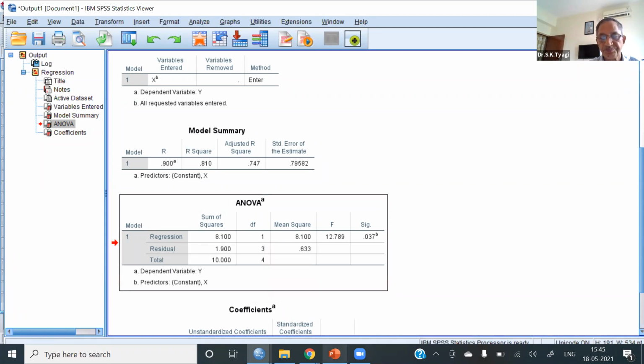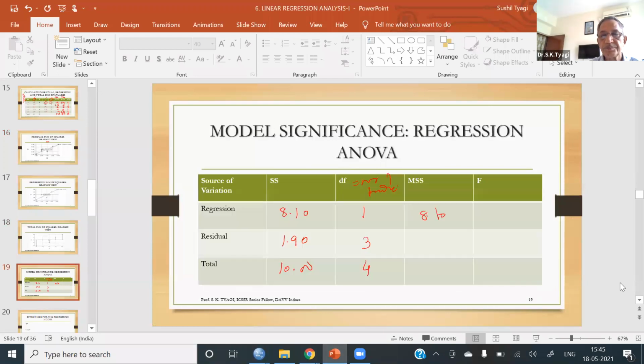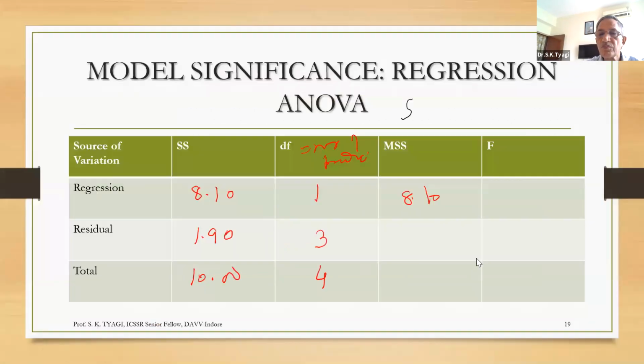Now, 8.1. Now divide this. What is MSS? MSS is SS divided by DF. So 8.1 divided by 1 is 8.1.